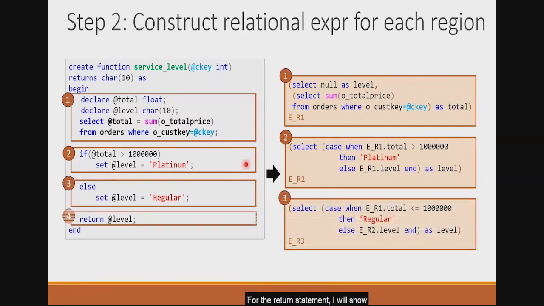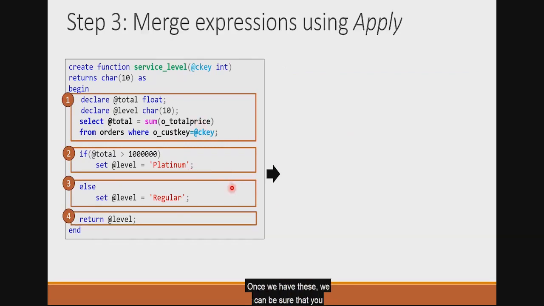For the return statement, I'll show what happens in the next slide. But essentially here, what we have is 3 SQL queries, if you will, which are equivalent forms of these corresponding regions. Once we have these, we show that you can actually merge these expressions using the apply operator.